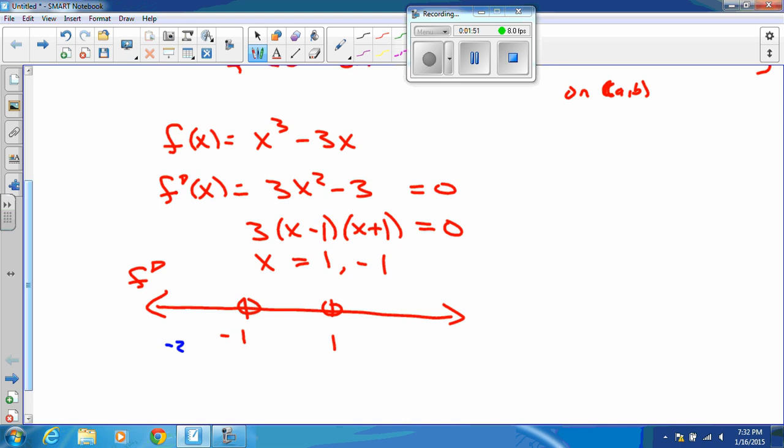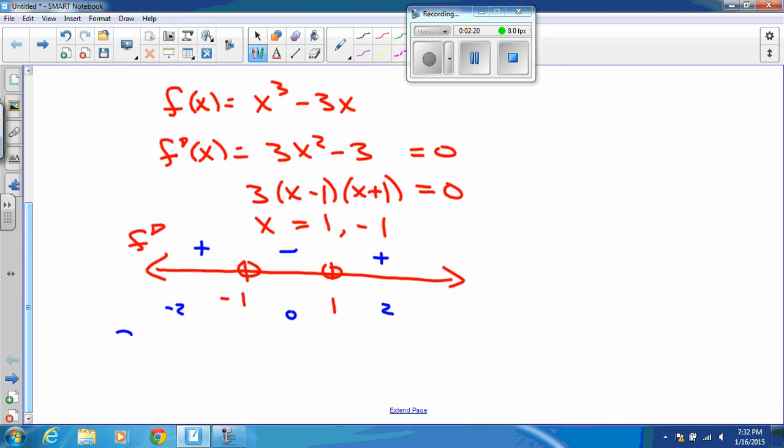If we plug it in, we see that f prime is a positive value, in fact, positive 6. If we try x equals 0 for this interval, we see that f prime is negative on this interval. And if we choose a number larger than 1, such as 2, and plug in, we get a positive value for f prime on this interval.